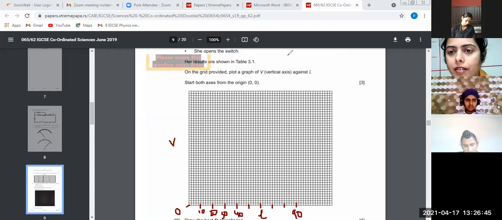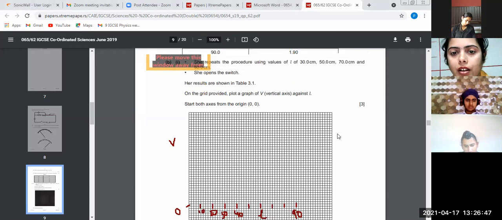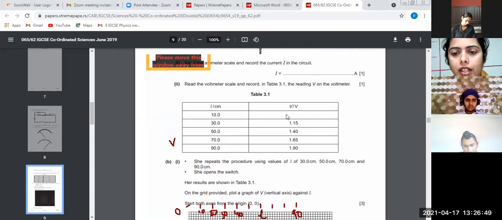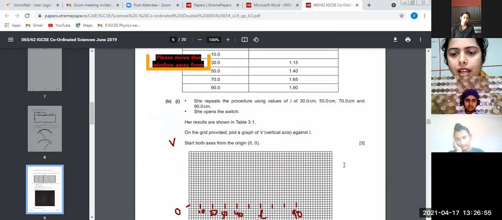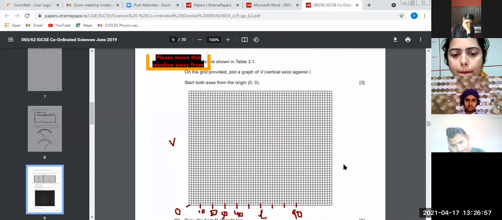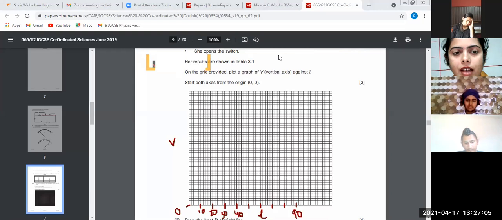Next, on the vertical axis you have voltage. The voltage starts from 0.9 and goes till 1.9. So for this, can we have a gap of 2 lines?